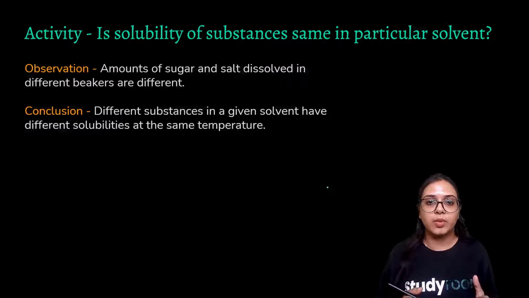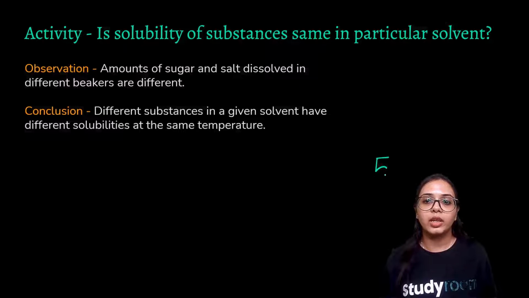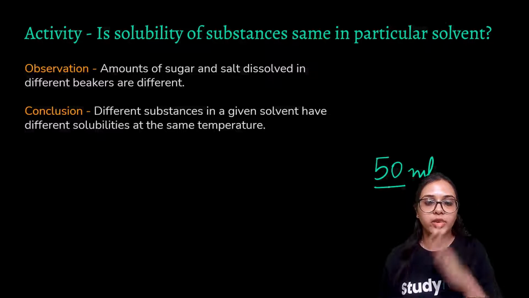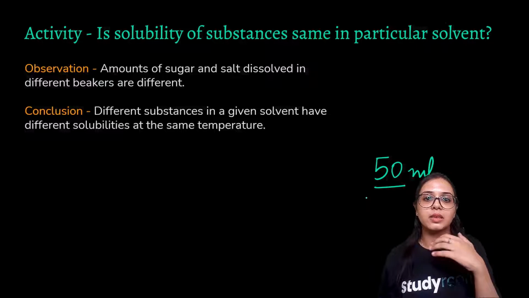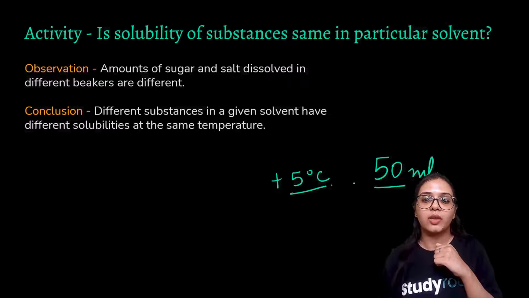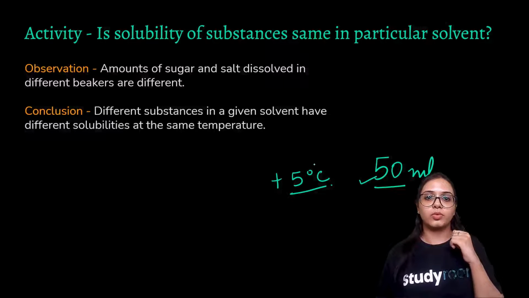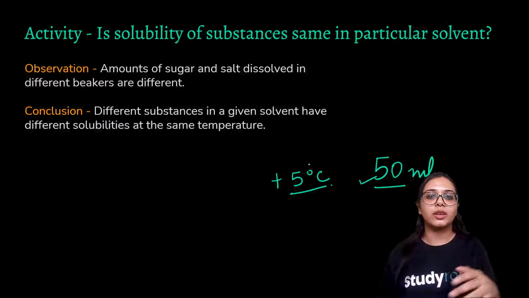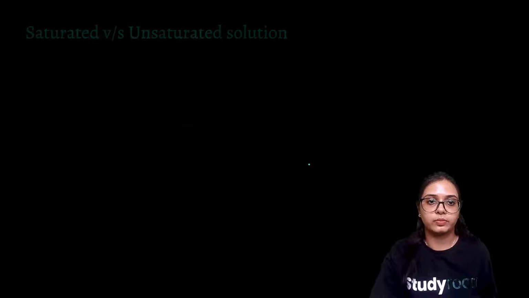In this experiment, we had taken a fixed amount of solvent, only 50 milliliters of water, but we observe that adding different solutes to a fixed quantity of solvent gives different results. Since we were also increasing the temperature by only 5 degrees Celsius, and the amount of solvent was fixed, the only thing varying was the solute. From this we can conclude that different substances in a given solvent have different solubilities at the same temperature.